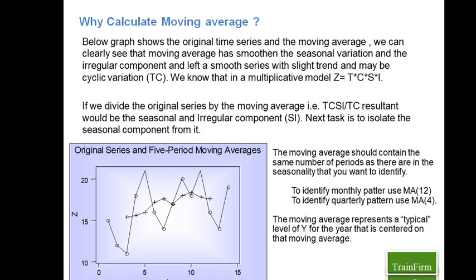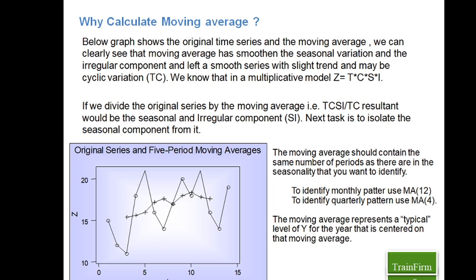Say if you have got monthly data, and you have many years of data, the seasonality component could be a 12-month moving average, right? Because in a 12-month moving average, if I take the average of the first 12 months, I will have one representative number which represents that particular year, and so on and so forth.